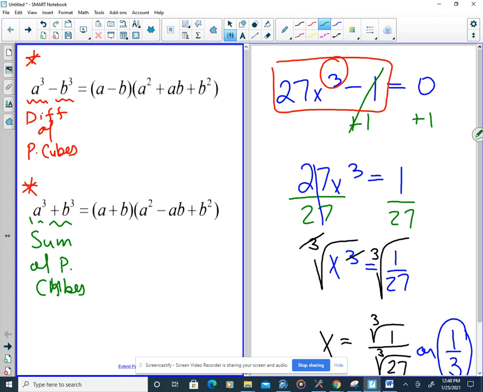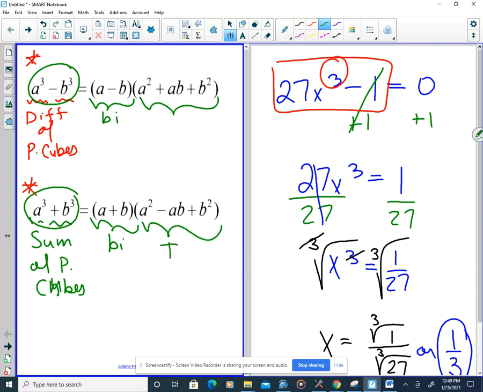Whenever you have a sum or difference of perfect cubes, you can factor it, and they factor very similarly. Notice this expression here and this expression here are both a binomial. And then this expression here and this expression here are a trinomial.